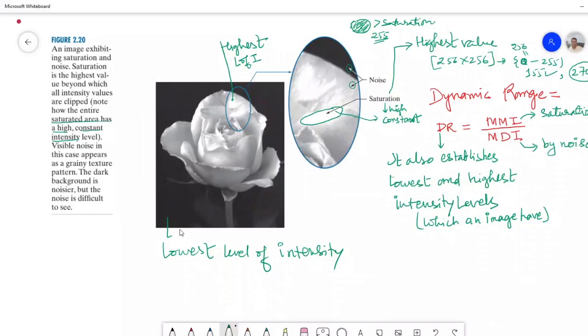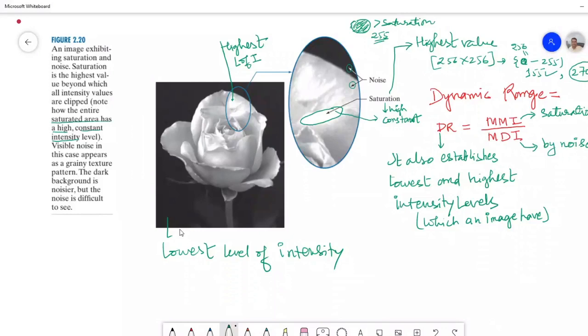So here, the number B of bits to store a digital image. If you want to store a digital image in your computer or in your system, then the number of bits required will be M cross N cross K. When M is equal to N, this equation becomes B equals N square into K. So this is the size we use.